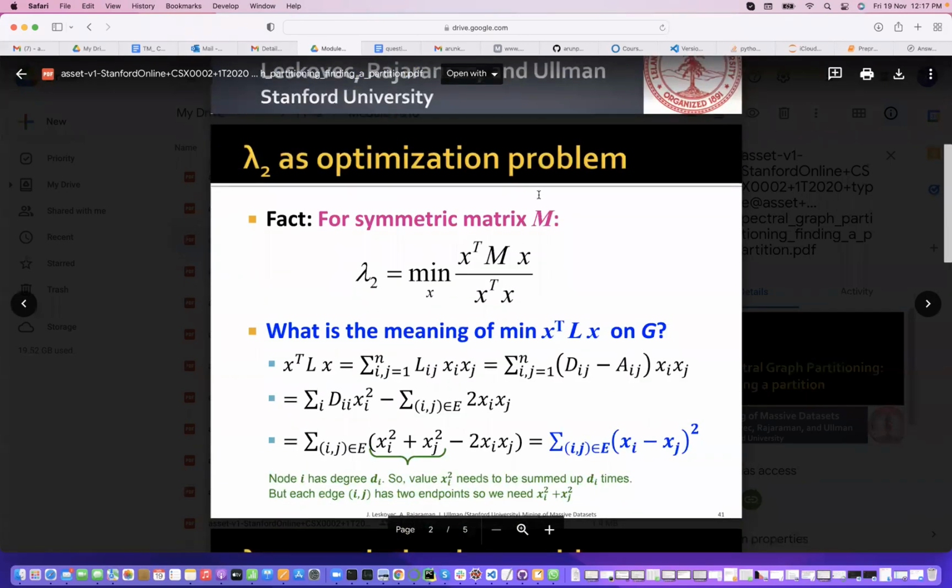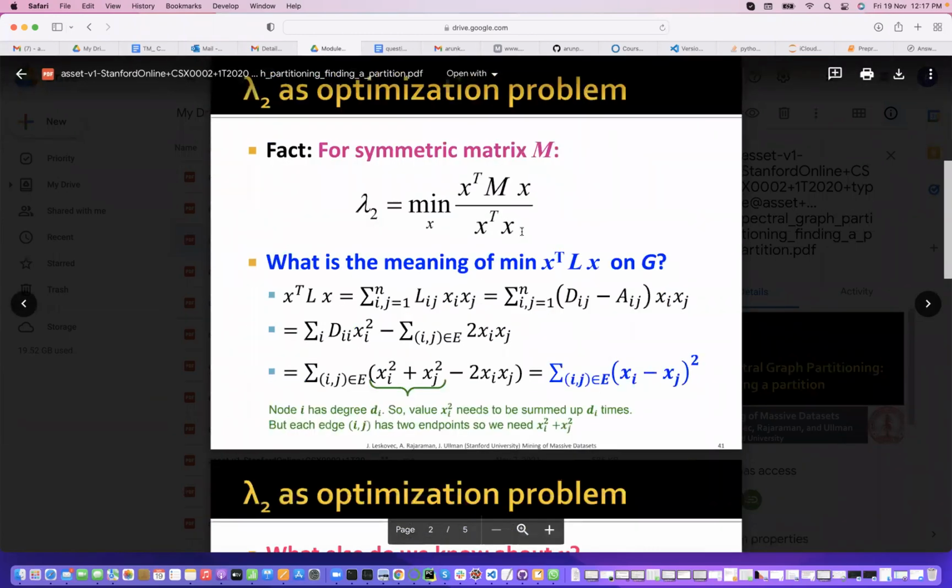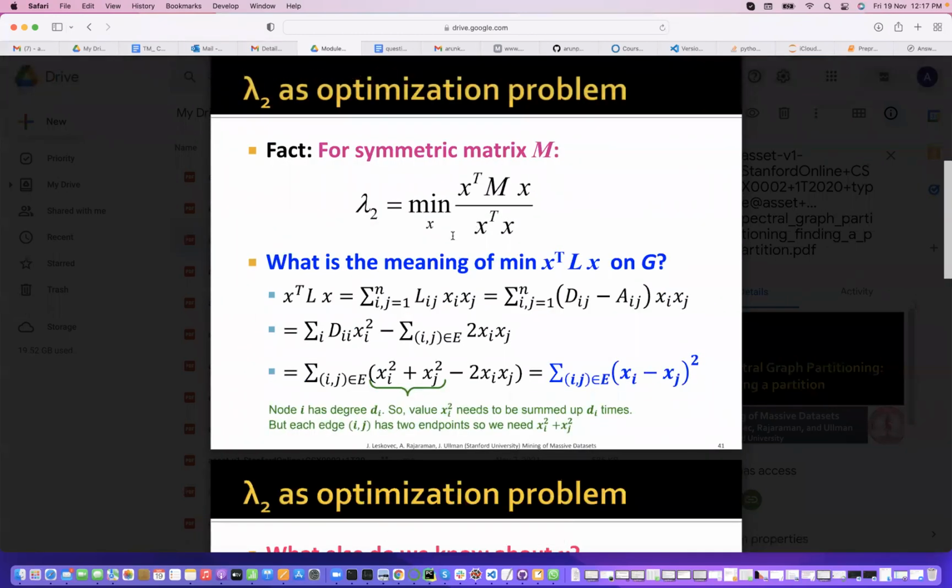So lambda 2 as an optimization problem. How do we find this lambda 1, lambda 2? Lambda 2 equals the minimum over x of x transpose Lx divided by x transpose x. Because we don't have x values, we set it up this way. Then what is the meaning of minimizing x transpose Lx on G?